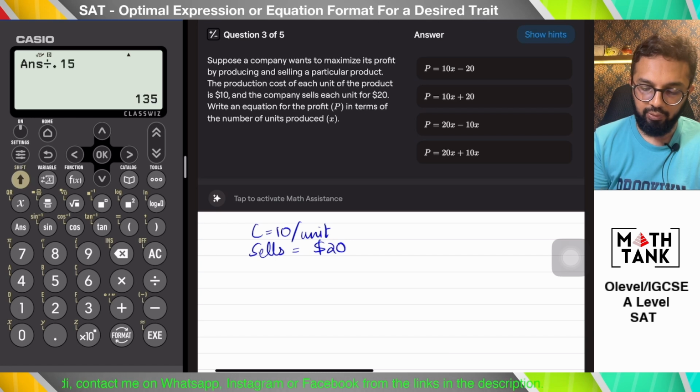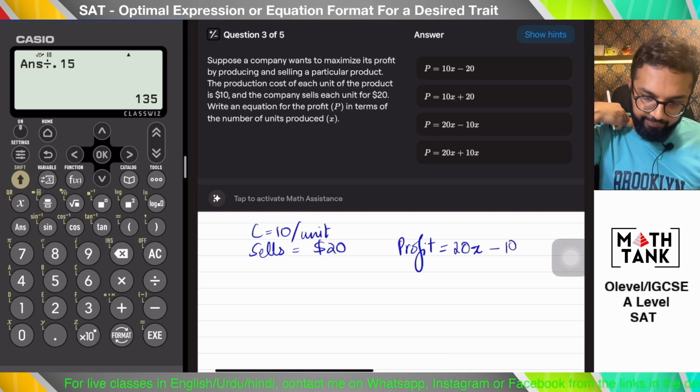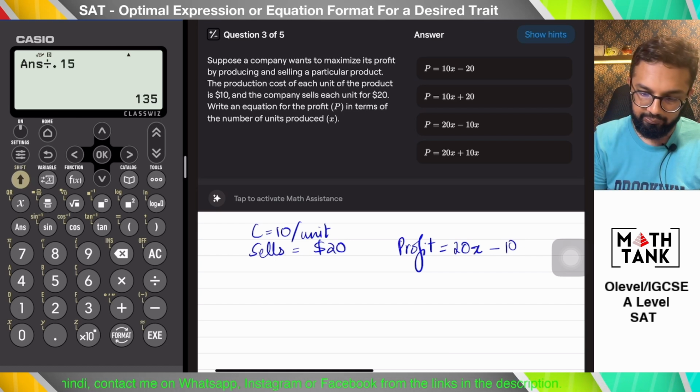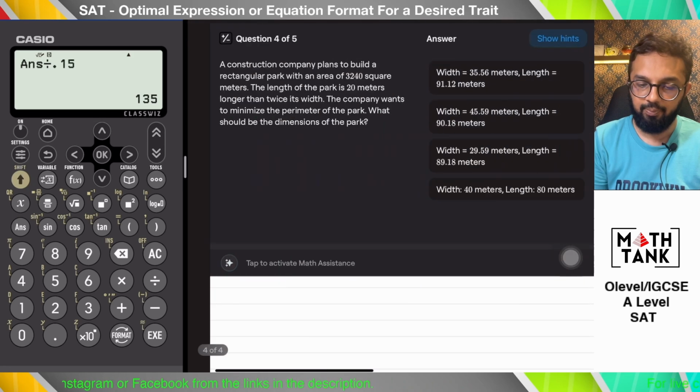Write an equation for the profit in terms of the number of units produced. So 20 times x minus 10 times x. That should be the correct answer.